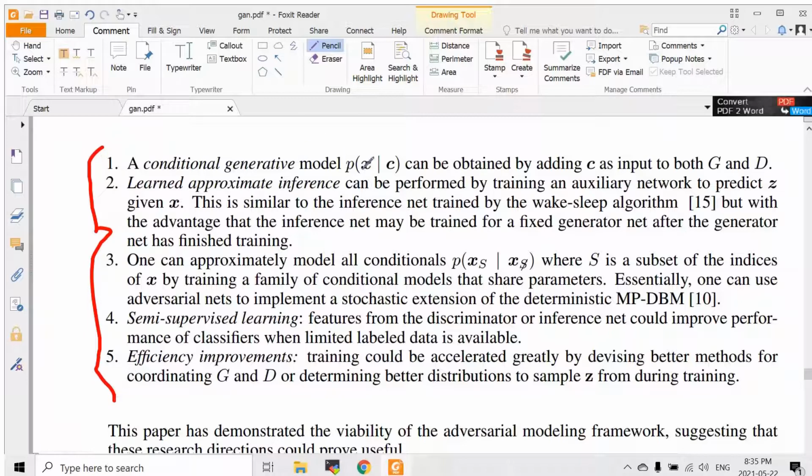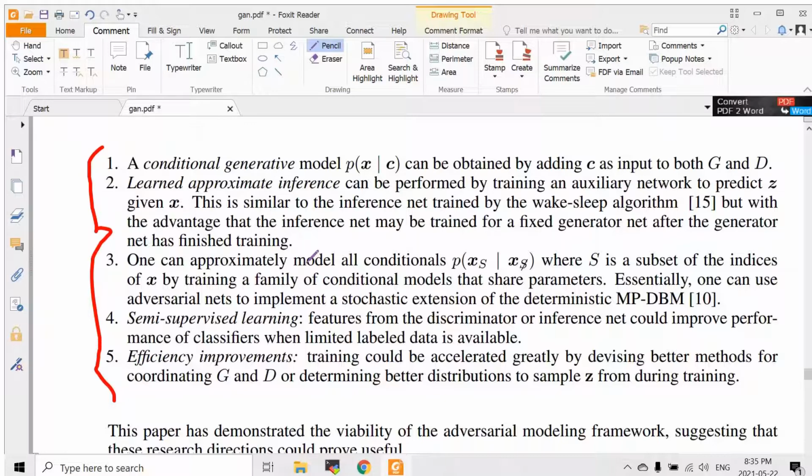A conditional generative model P of x given c can be obtained by adding c as input to both G and D. Learned approximate inference can be performed by training an auxiliary network to predict z given x. Apparently, this has also happened. One can approximately model all conditionals P of x_S given x_not S, where S is a subset of indices of x, by training a family of conditional models that share parameters.